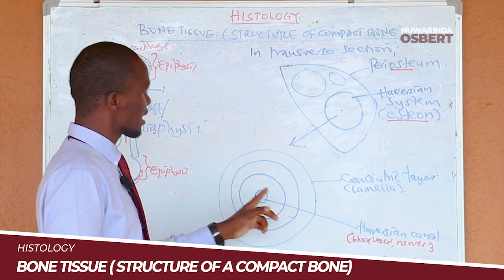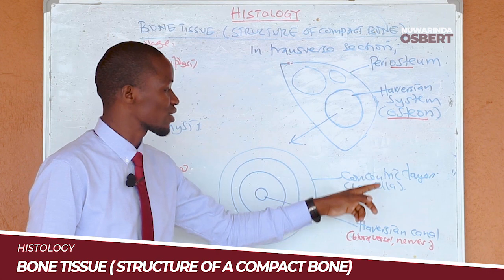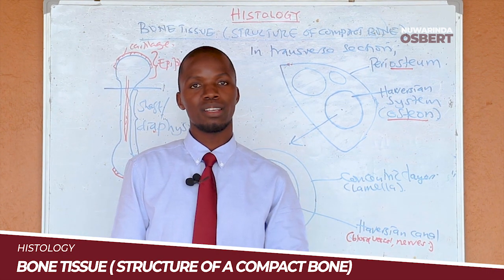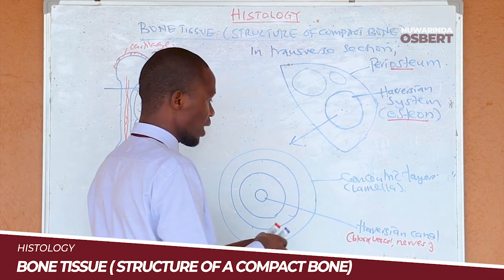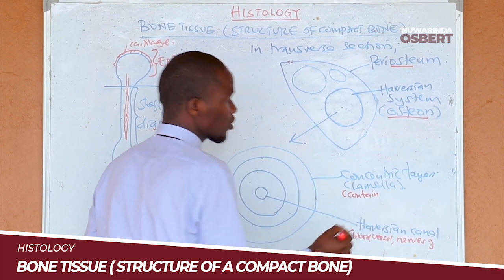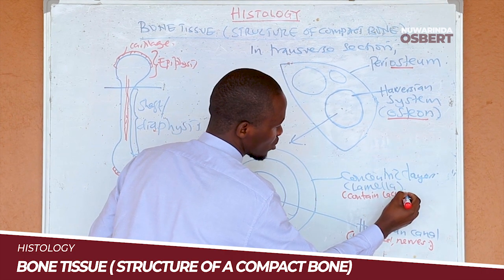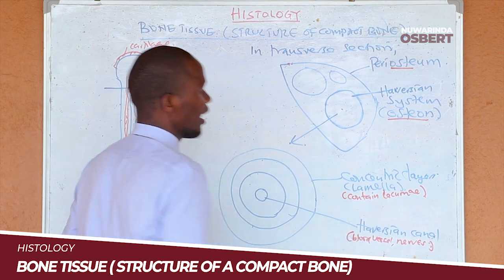And then around the Haversian canal, there are very many concentric layers known as lamellae. Now, somebody might say, what's the importance of these lamellae? These lamellae contain simple structures which are known as lacunae.